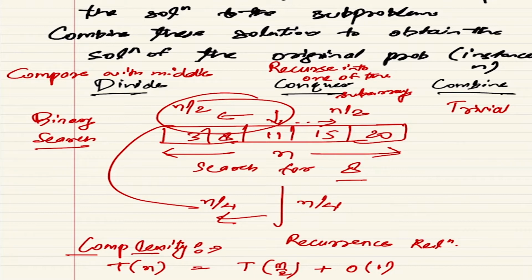Now, how do you solve for this? I think you have tried something in your tutorial, but let's just do that for the sake of completeness. So you say, okay, T(n) is T(n by 2) plus order one. We are trying to create a tree, and every leaf in the tree is some sort of time that you're spending.